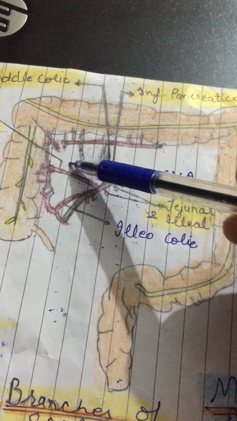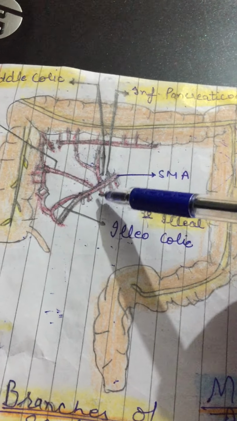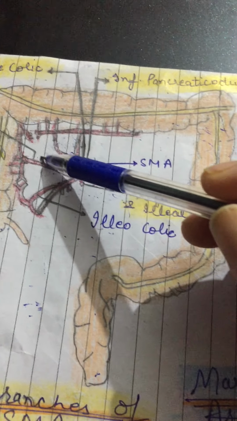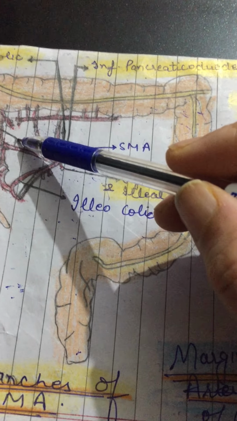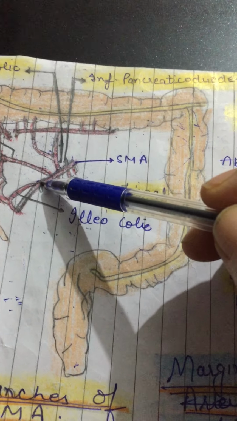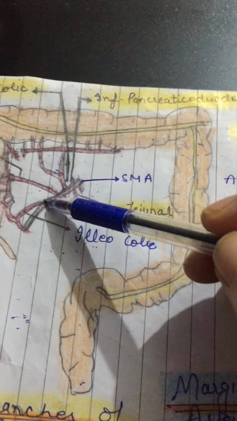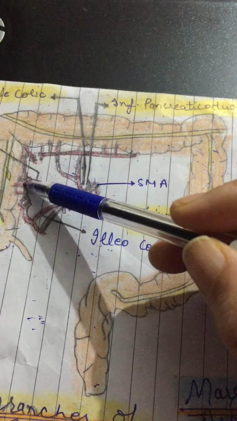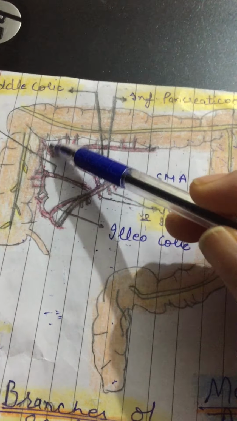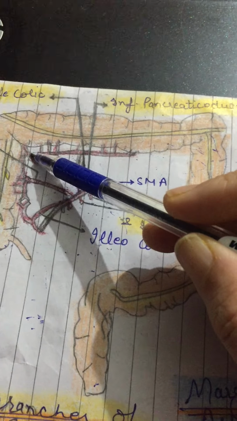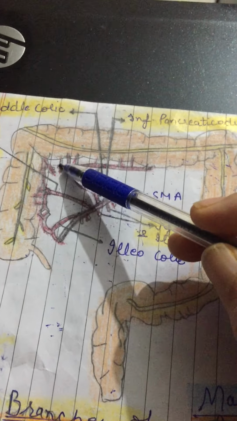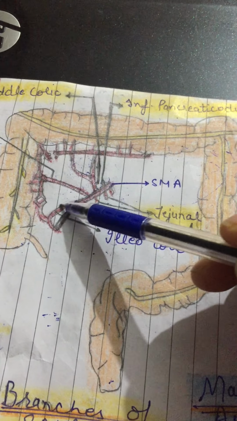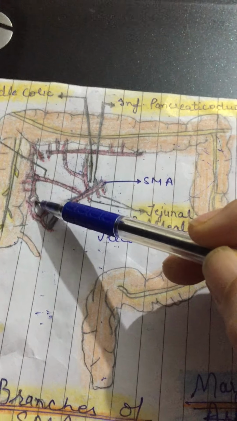Now the third one is the right colic artery. So the right colic artery arises near the middle of the superior mesenteric, as I have shown here, in the concavity of the superior mesenteric artery. It passes to the right behind the peritoneum, and at the upper part of the ascending colon, it divides into ascending and descending branches, right? The ascending branch will anastomose with the right branch of the middle colic artery, and the descending branch will anastomose with the iliocolic artery, right?